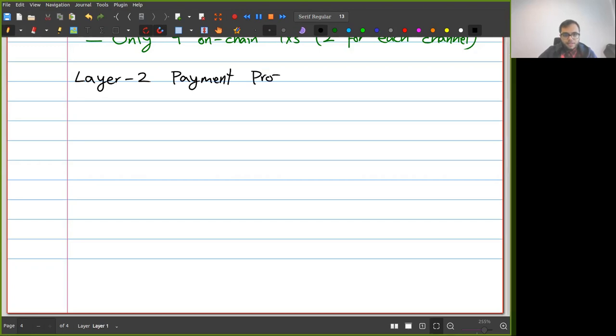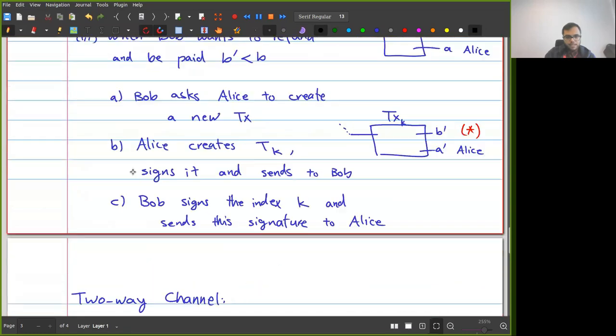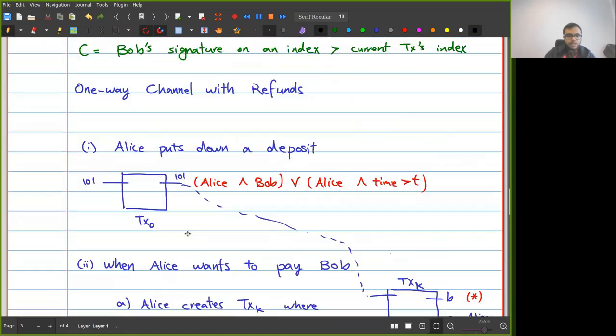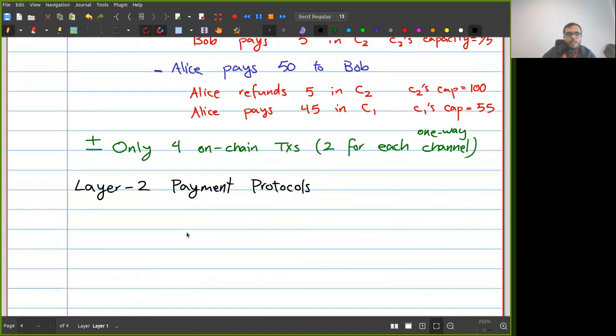Suppose that you're a bunch of people who have a lot of transactions between yourselves, not necessarily just 2 people, not necessarily just Alice and Bob. And let's say that you want to do instant payments, as we had here in all of these channels, and you don't want to pay too much in transaction fees.